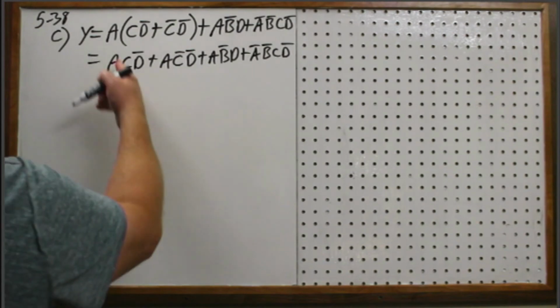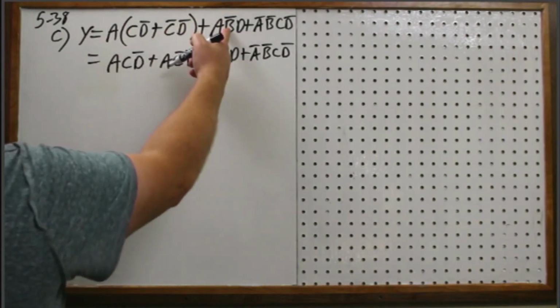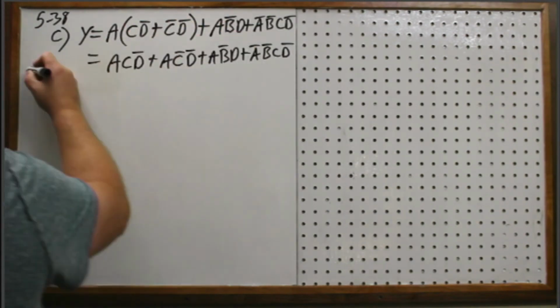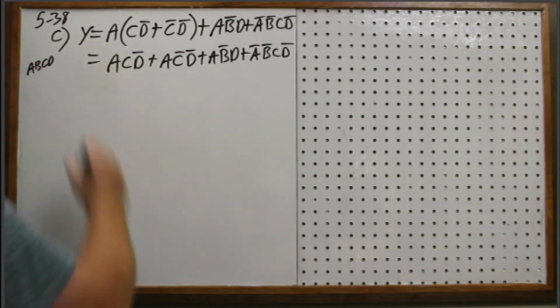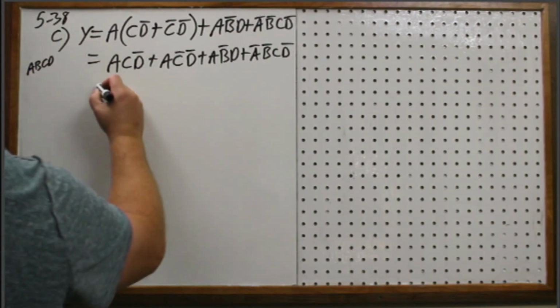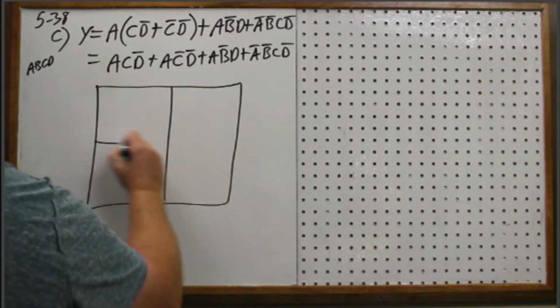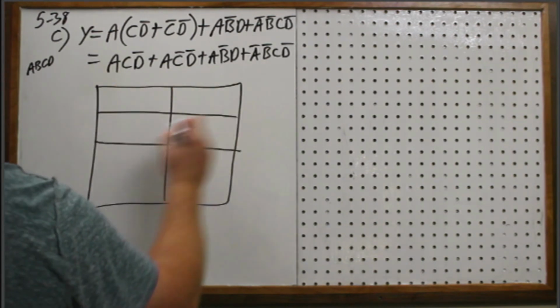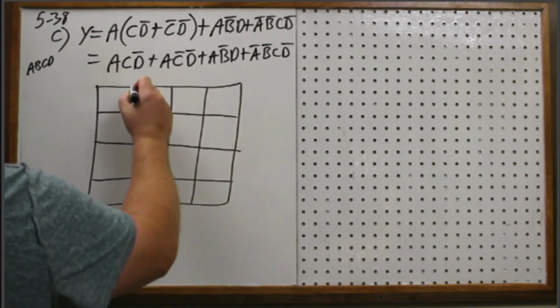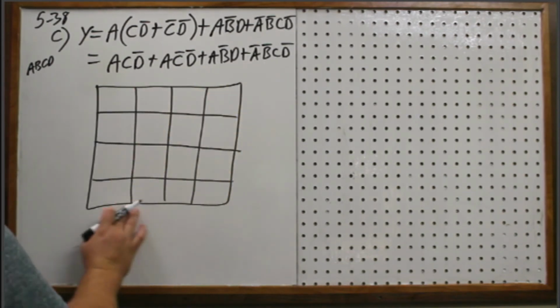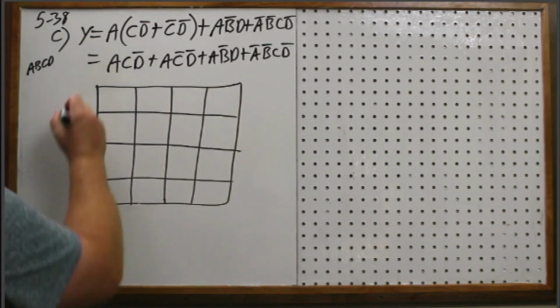So since we have 4 different inputs of A, B, C, D, I'm going to create a K-map of 16. And again, I typically start these the same way.